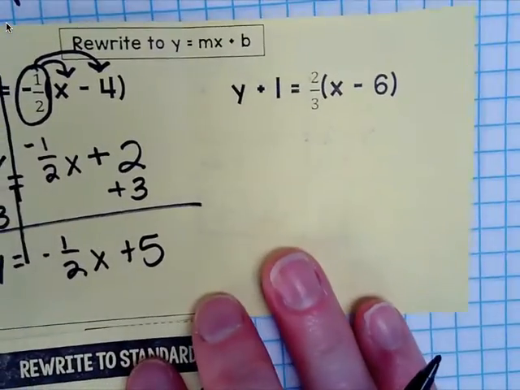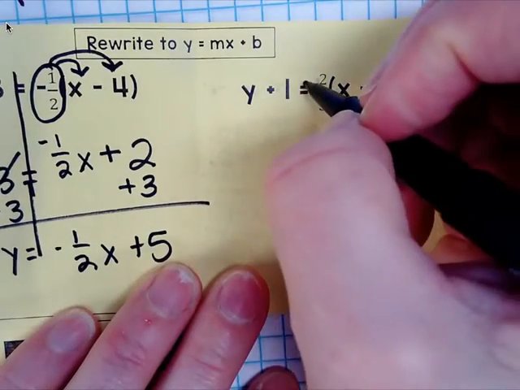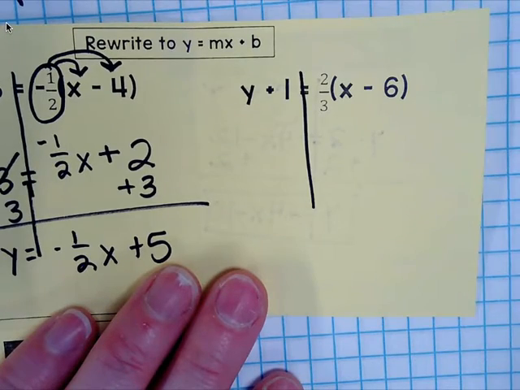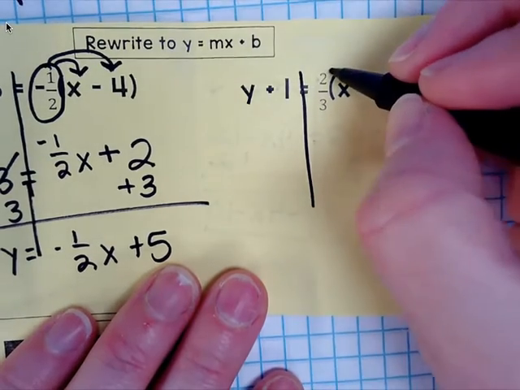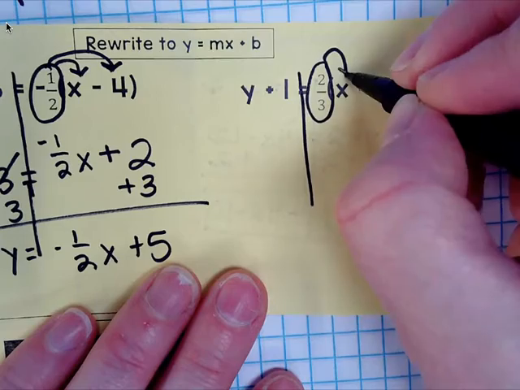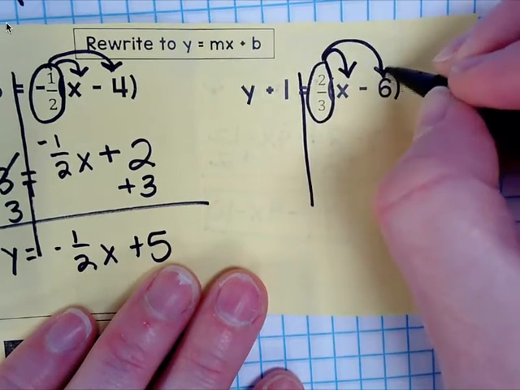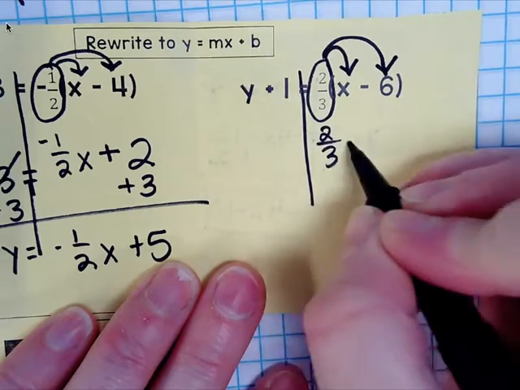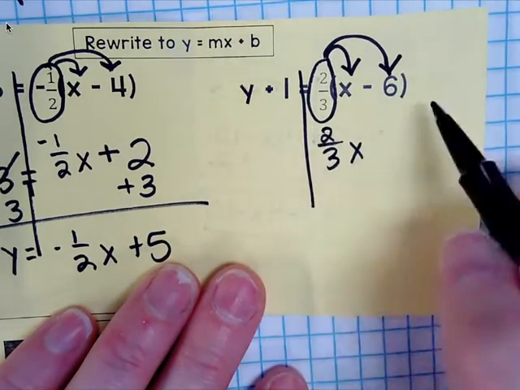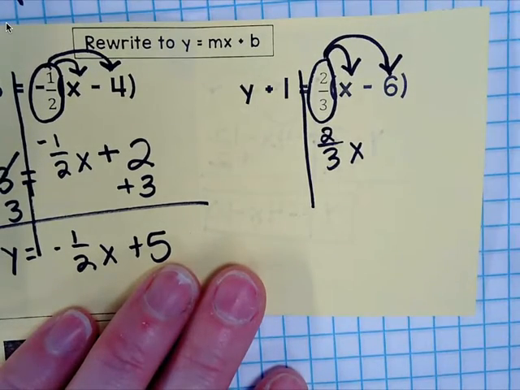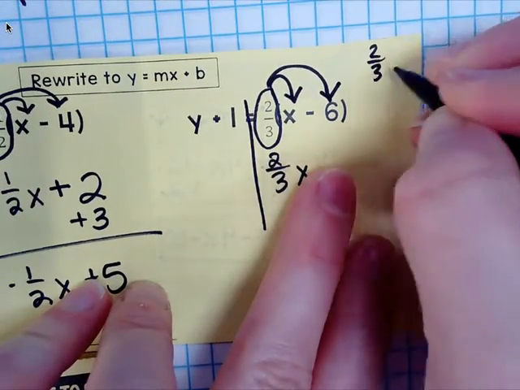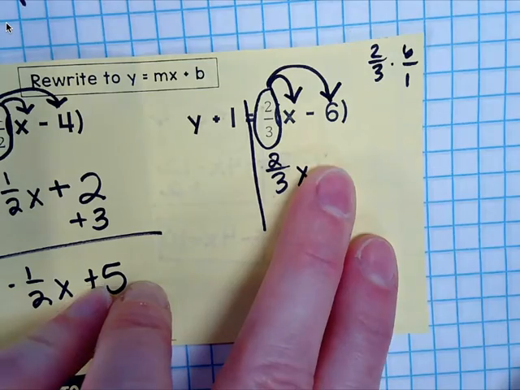Okay, the last example. Same thing, we're solving to write it into y equals mx plus b. So that means I need to take this 2/3, multiply it times x, and times a minus 6. 2/3 times 6, how do you find that? We can do it in our heads.